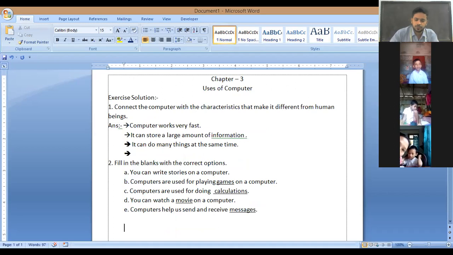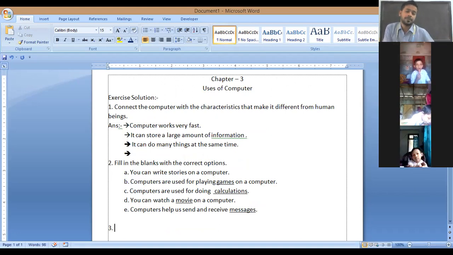Now let's move to question number 3. Let's see what we have in question number 3. Help Rita and Ravi find their way to the bank and the railway station respectively. This one is a puzzle game type. You please do it at your home. This one we can't give in the answer, and it is not actually a question answer. This is only a puzzle game type, so you do it by yourself.